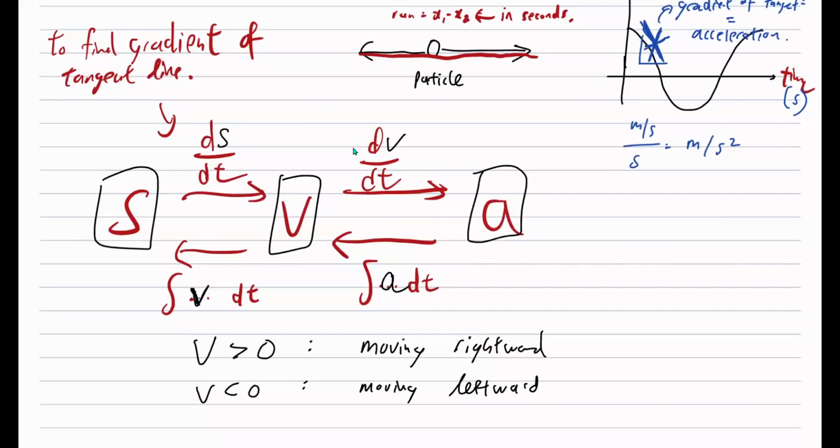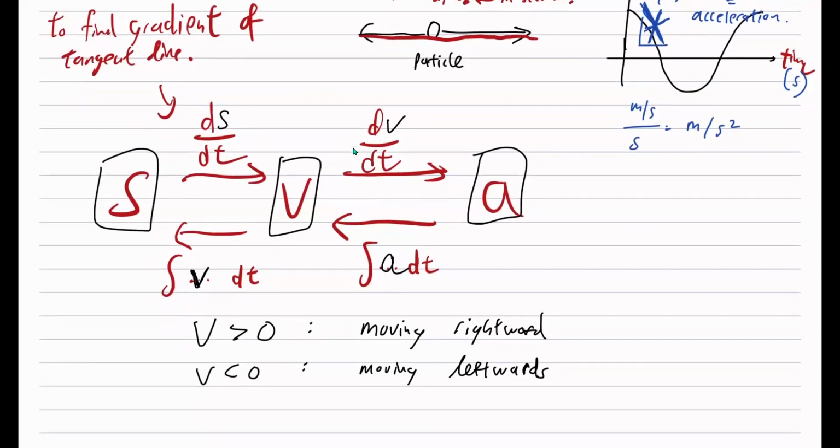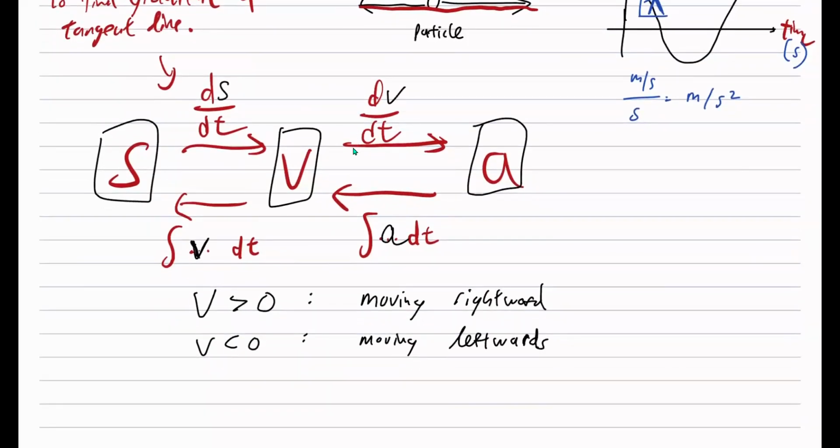We standardize arbitrarily. Just flip a coin and decide that rightwards today is going to be positive, v more than 0. And leftwards means that v will be less than 0, negative. Just like the number line on the x-axis: right is big, left is small. I mean, who decided on that? It's totally arbitrary. It could have been the other way around, but we just have to decide on one convention.